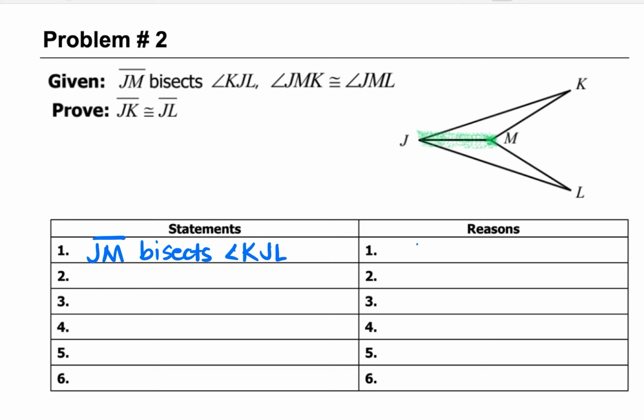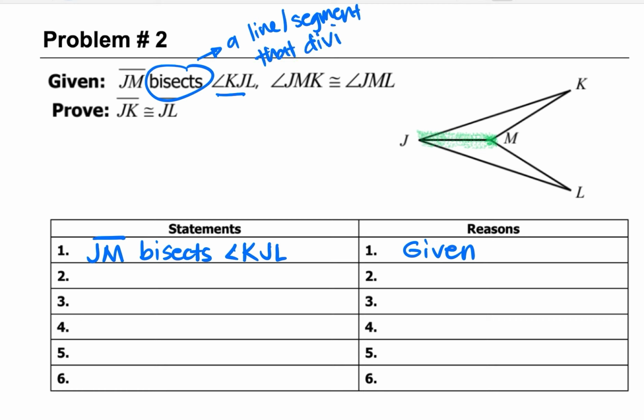So that is given. And when we hear or see the word bisects, this simply means in this case, because it bisects an angle, a line or segment that divides an angle equally.